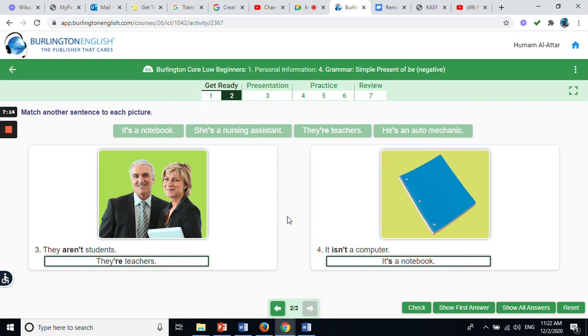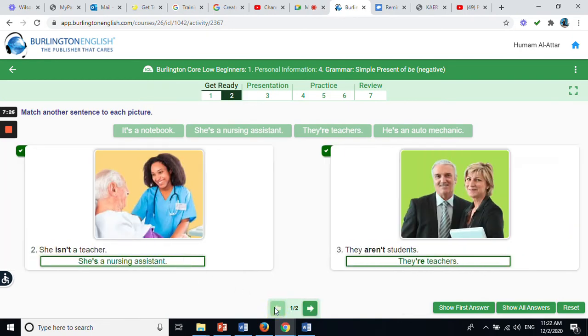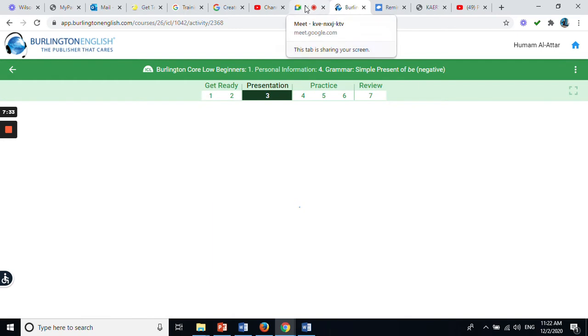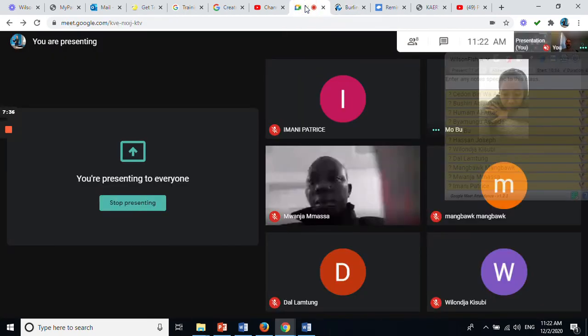It isn't a computer, it's a notebook. Very good. Now we check our answers and it's all correct. Very good. Yeah, thank you. Does anybody have a question so far? No questions? Okay.